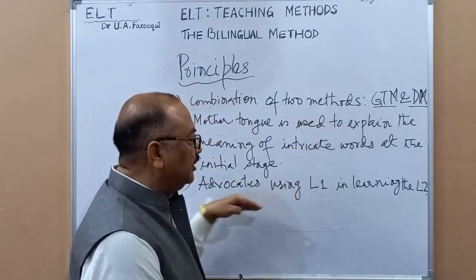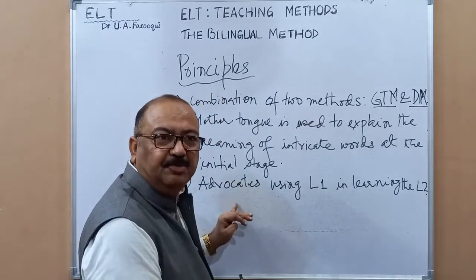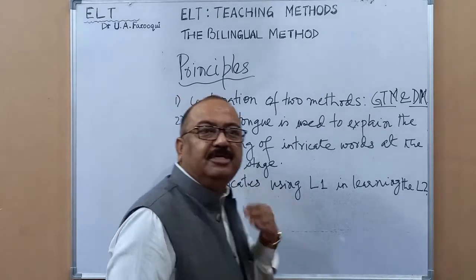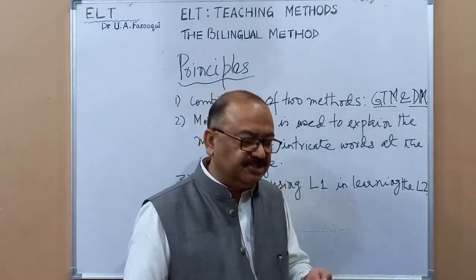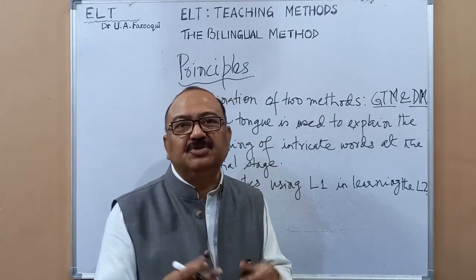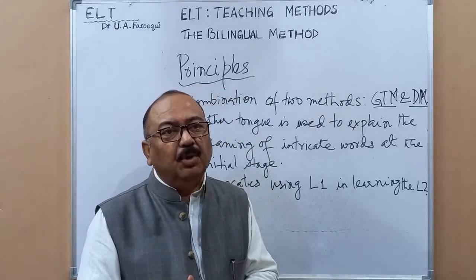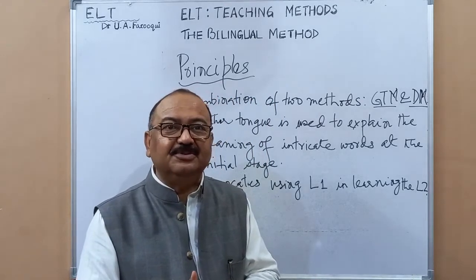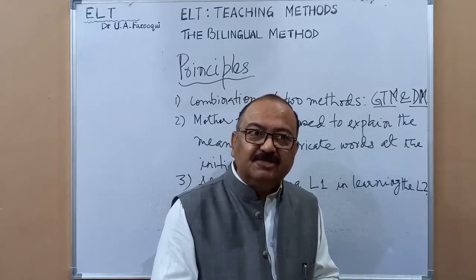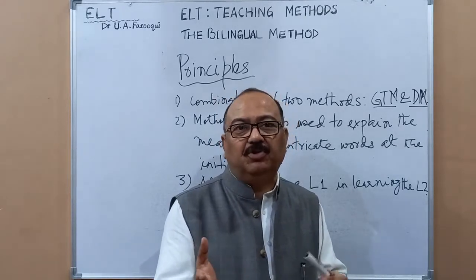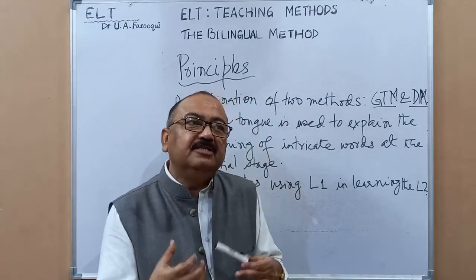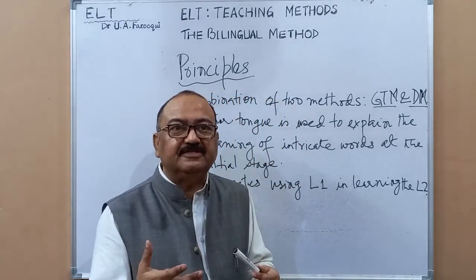Which method advocates, which method supports? The bilingual method. It is distinct from the grammar translation method in that it places a strong emphasis on oral language. In the translation method, there is no room for oral skill or improving the spoken skills.